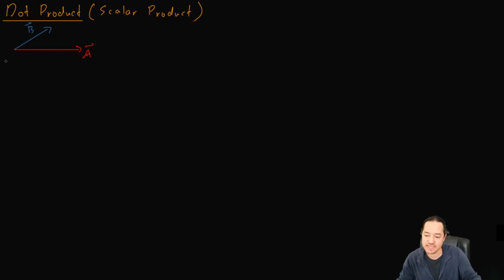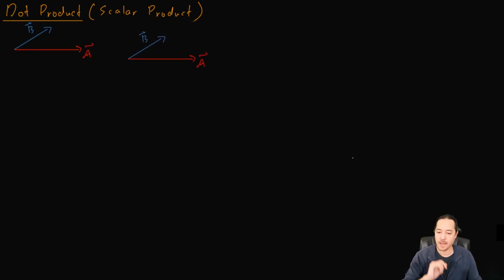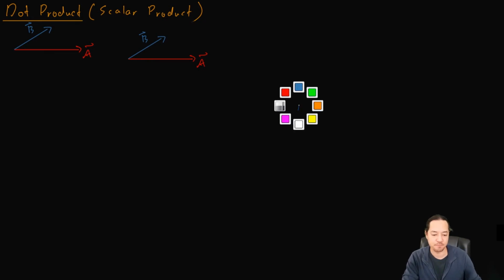I mean, it's not going to be exactly the same as a scalar multiplication, but it's going to be kind of analogous, right? So if we have B here and A, we're going to be able to define a concept where we can take A dotted with B, and we're going to get an answer.